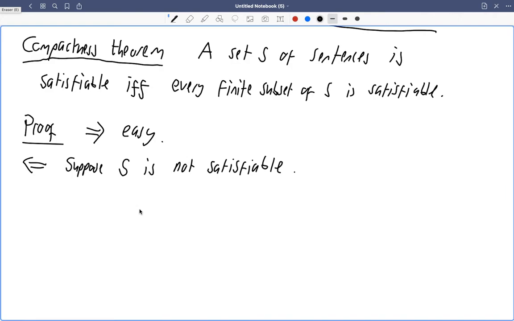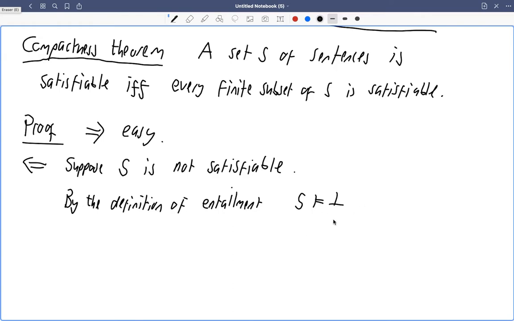Well, in that case, that means that we do not have a structure that satisfies all the sentences in S. So by the definition of entailment, that means that S entails the sentence false.